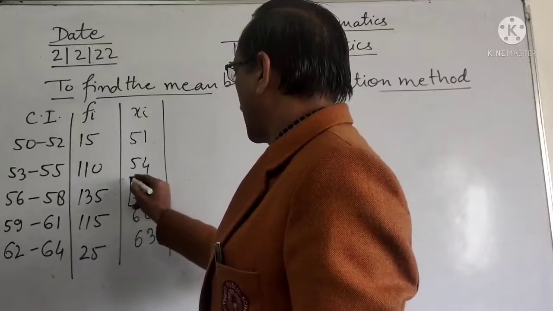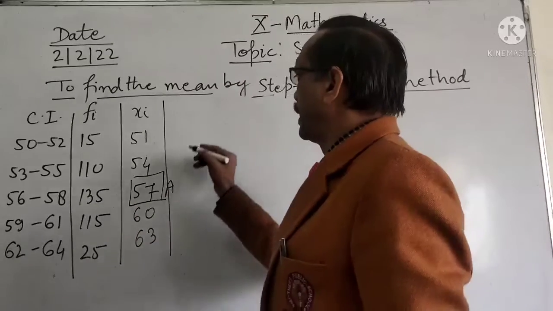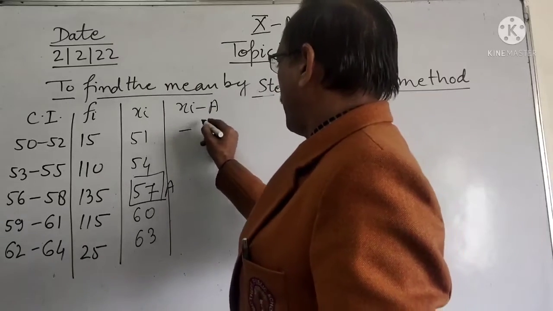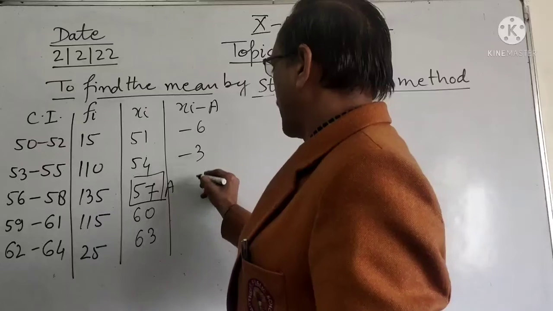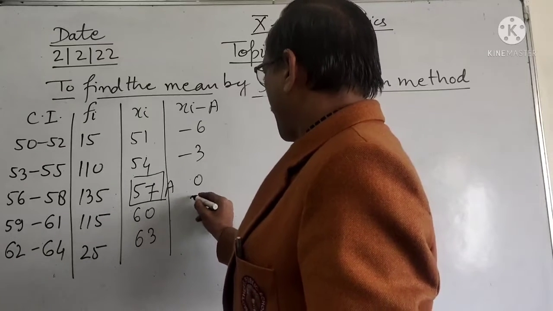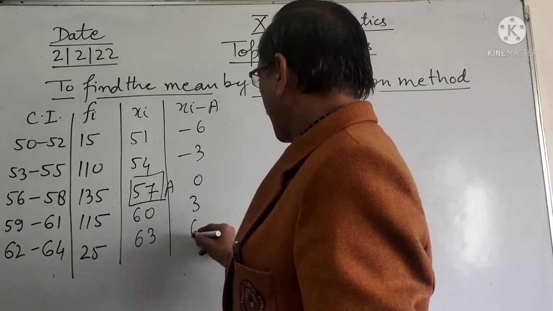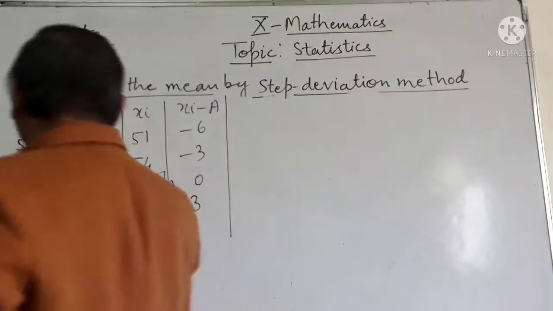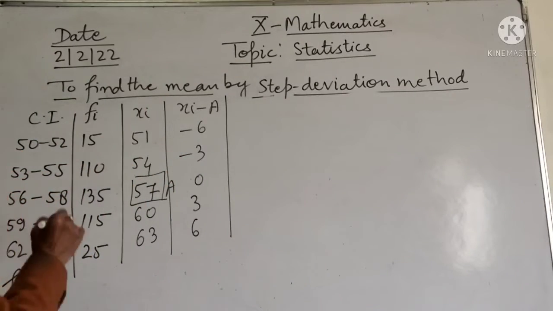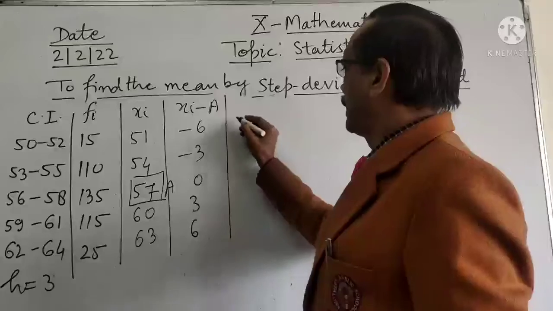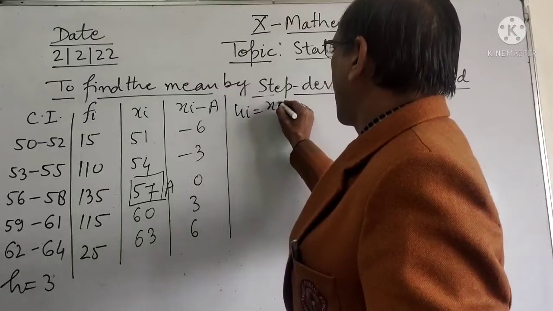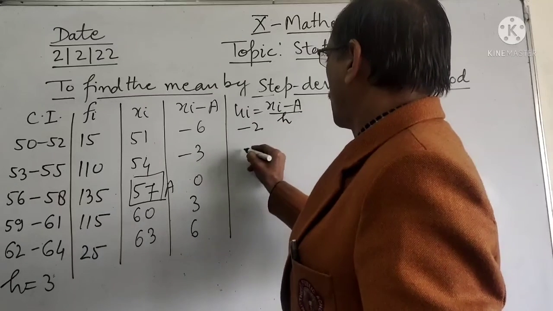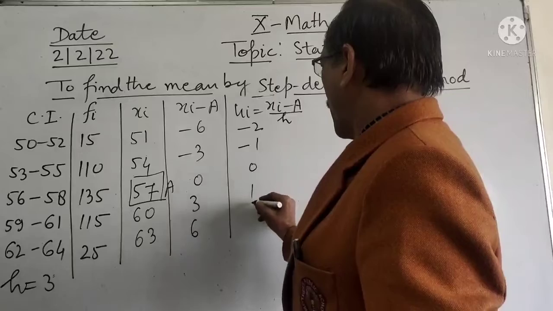Now we suppose this as the assumed mean A. Then xi minus A is minus 6, minus 3, 0, then plus 3 and 6. Then h equals 3. So ui is (xi minus A) upon h. It is minus 2, minus 1, 0, 1, 2.